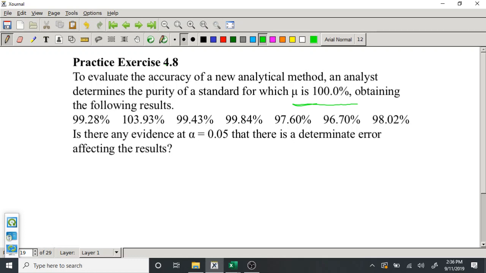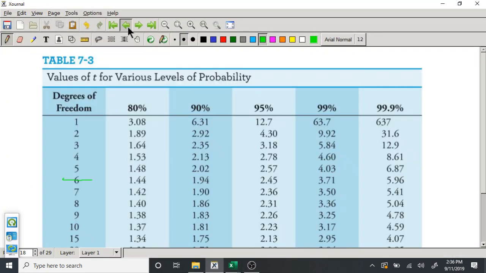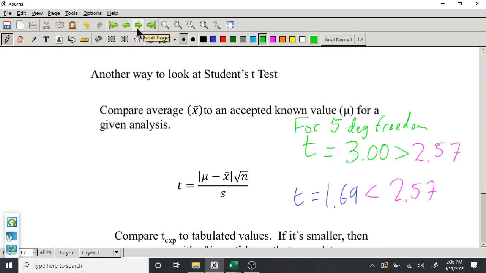So, in this particular case, t is going to be equal to the absolute value of the difference between the two times the square root of n.